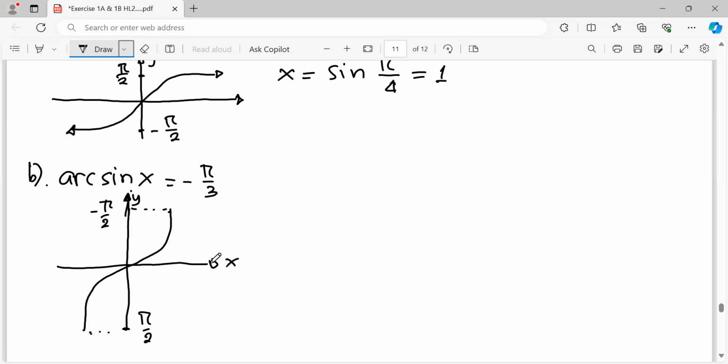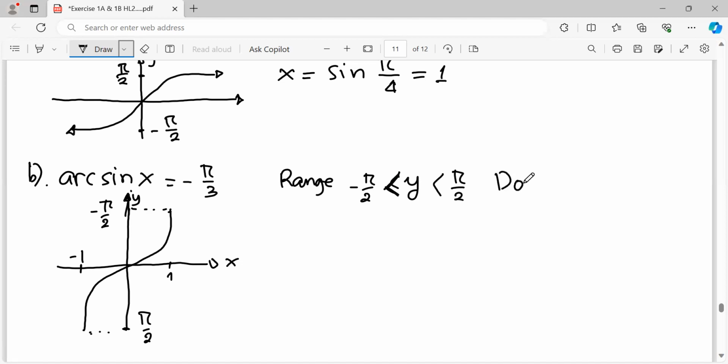Y-axis, x-axis, 1 and minus 1. Range: y greater than minus pi half, less than pi half.